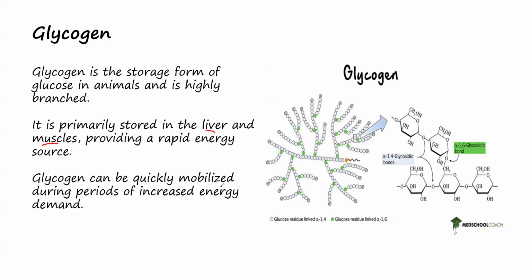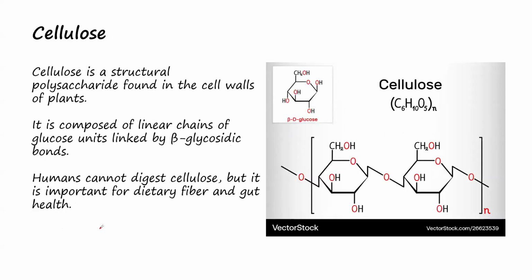Glycogen can quickly mobilize during periods of increased energy demand. So if our body is in need of energy, if there is an increase in energy demand, the glycogen will be mobilized, broken down, and utilized for energy generation.